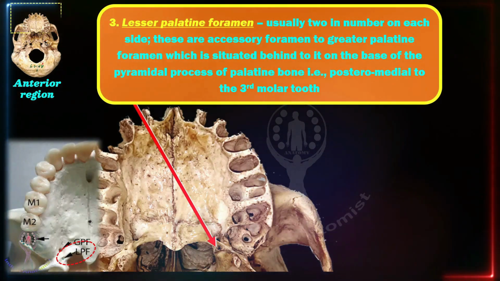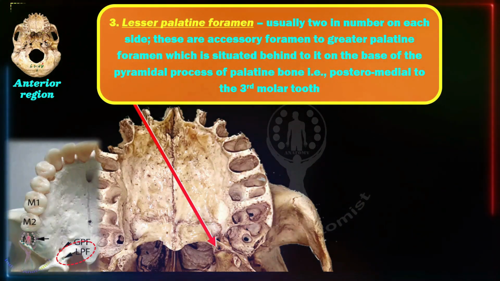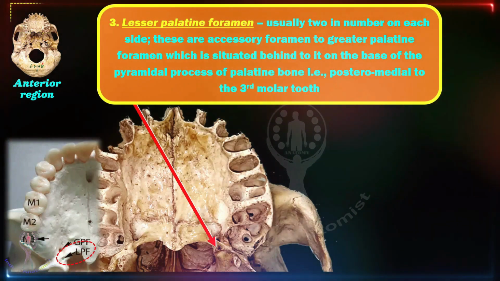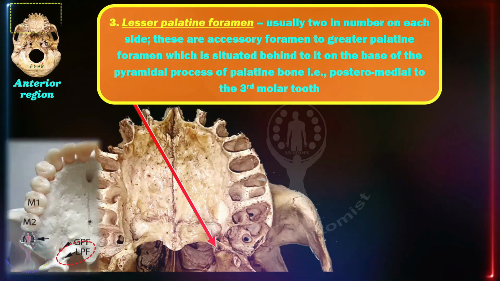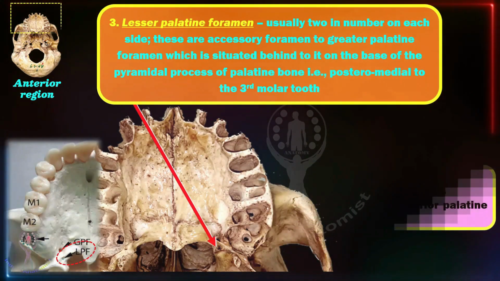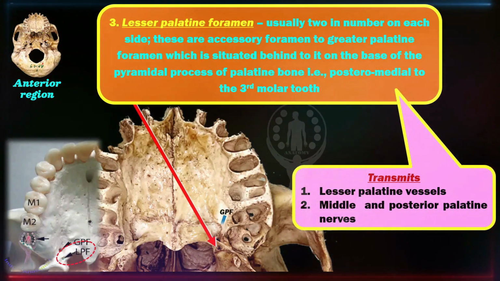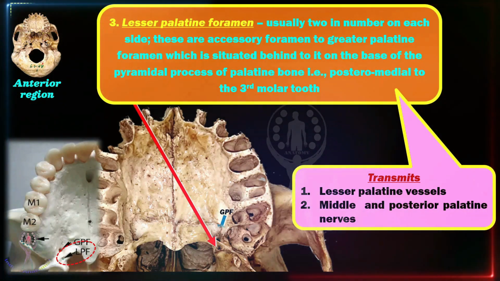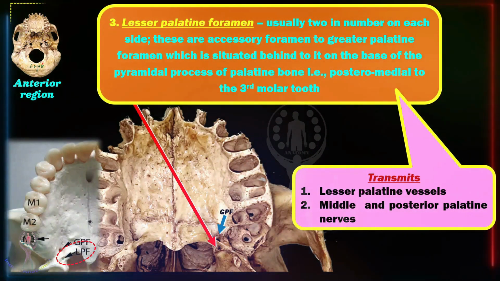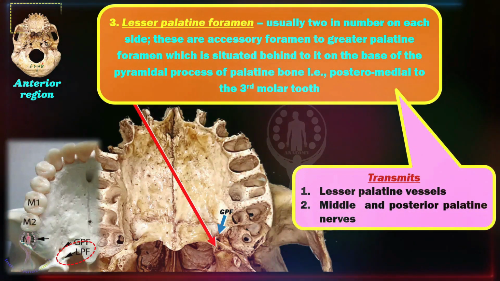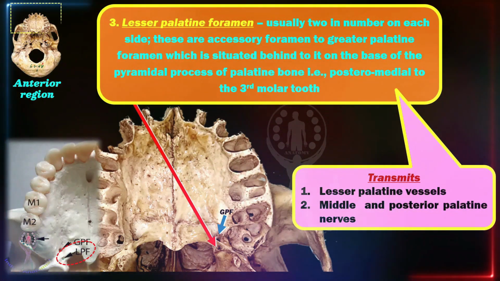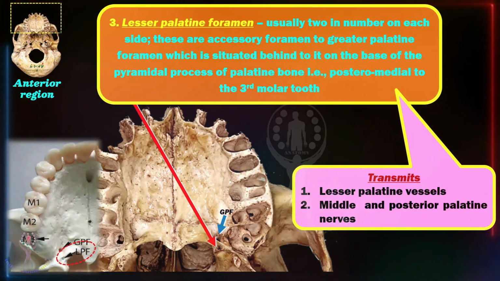These are situated on the base of the skull in the pyramidal process of palatine bone, that is, posteromedial to the third molar tooth. The structures transmitted are the lesser palatine vessels, middle and posterior palatine nerves. The blue arrow shows the greater palatine foramen, whereas the red color arrow marks the lesser palatine foramen.